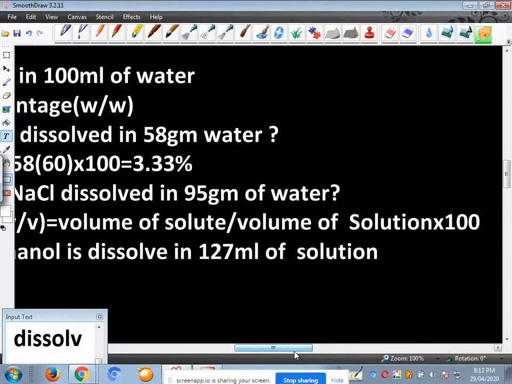So what is its volume percentage? You can solve this example, but be a little bit careful. Why? Because here we have not solvent, we have solution.